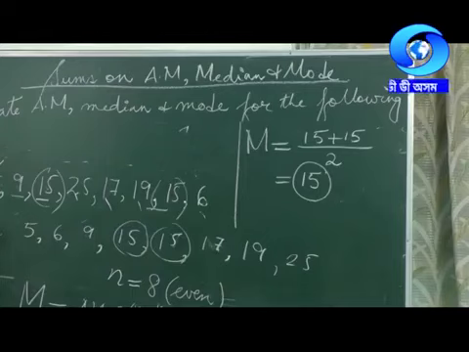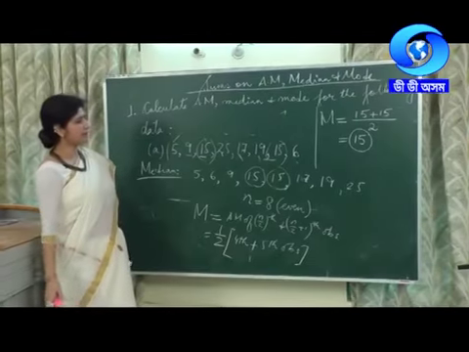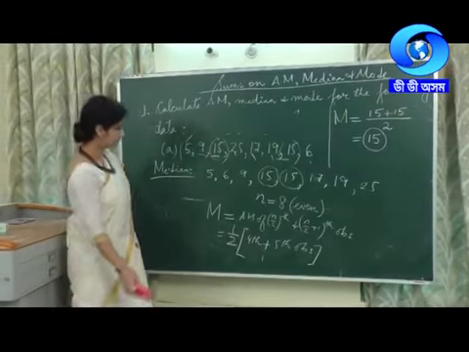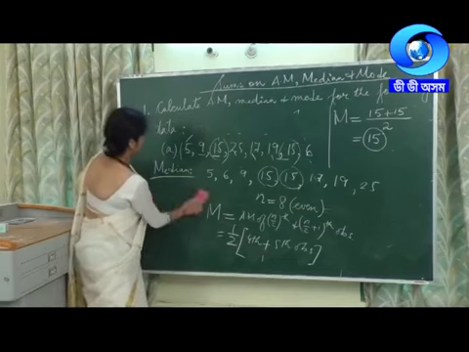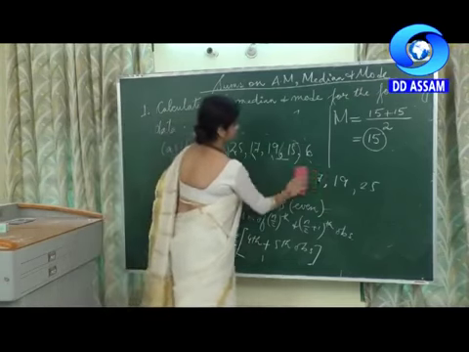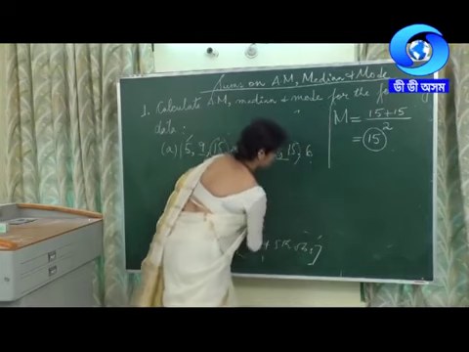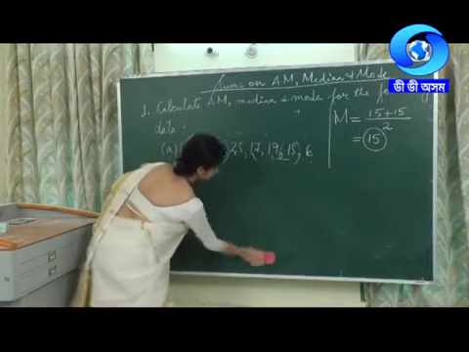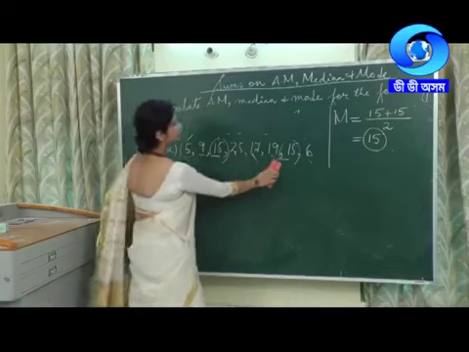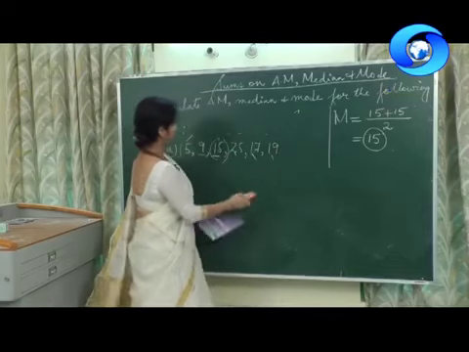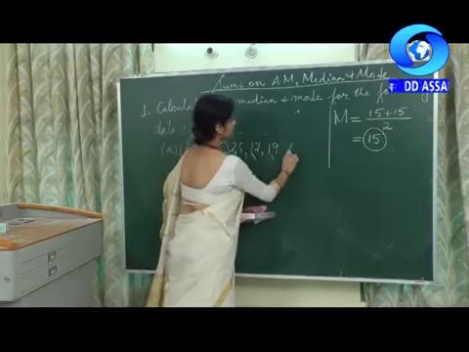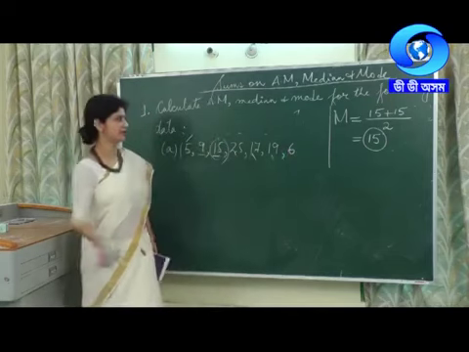Okay. Now if you have an observation like this, let us take the same observation, but we remove one of the values. Let us take 15 only, so that you have an odd number of observations.